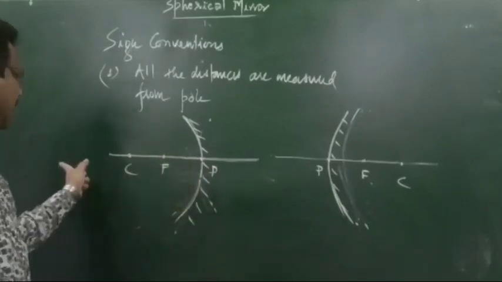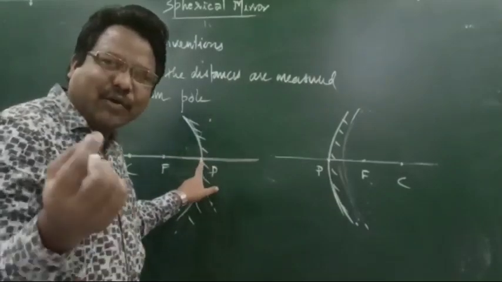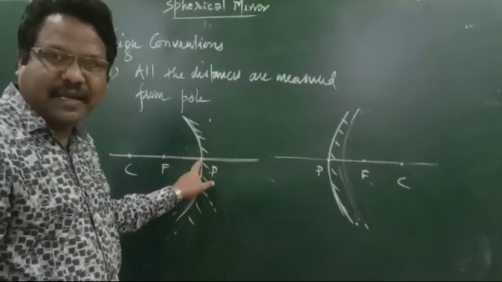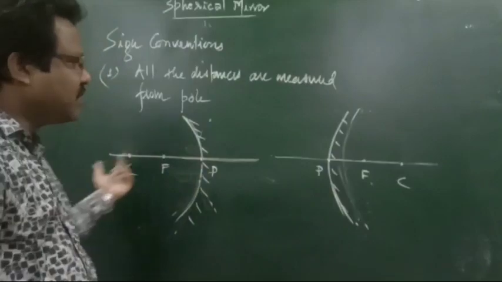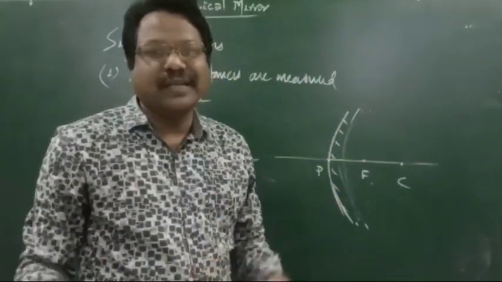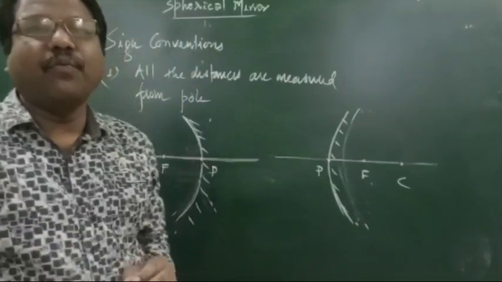Either you measure this side or that side. Pole is the origin, the reference from where we measure the distances, either towards left or towards right.